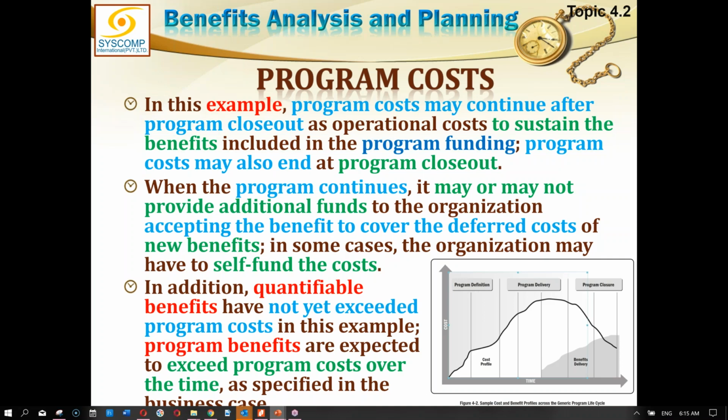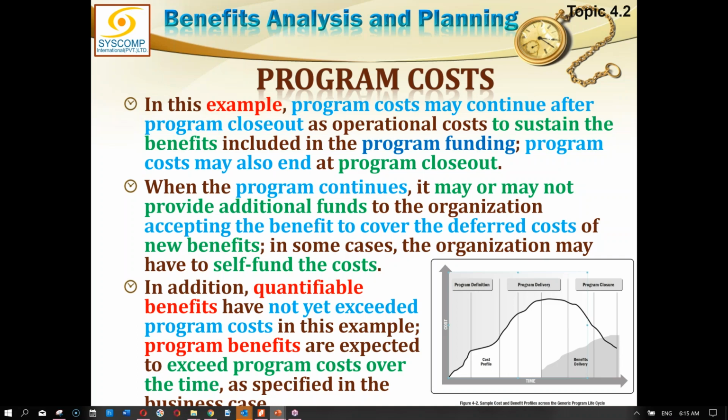Or maybe it was part of the program and the funding which was allocated for the program is being provided to you after transition. In addition, quantifiable benefits have not yet exceeded program cost. Because the program has just closed and benefits have started yielding, benefits are not more than the costs. So they have not yet exceeded the program cost.